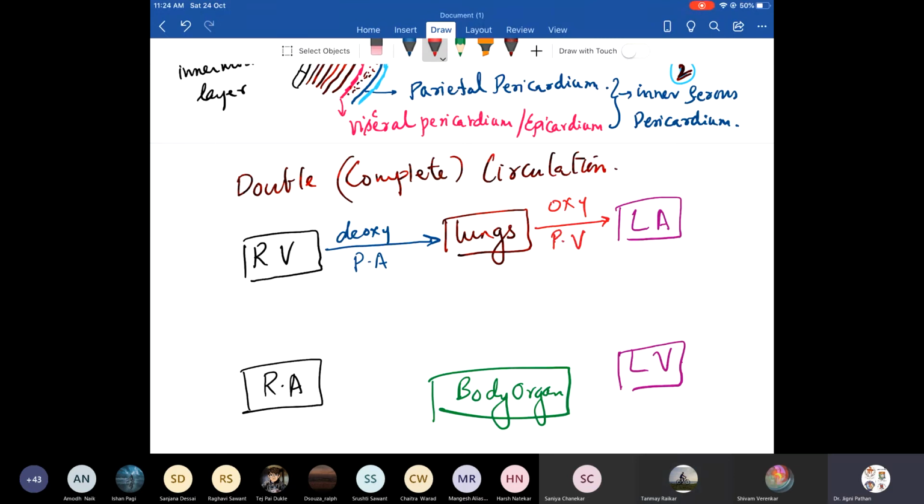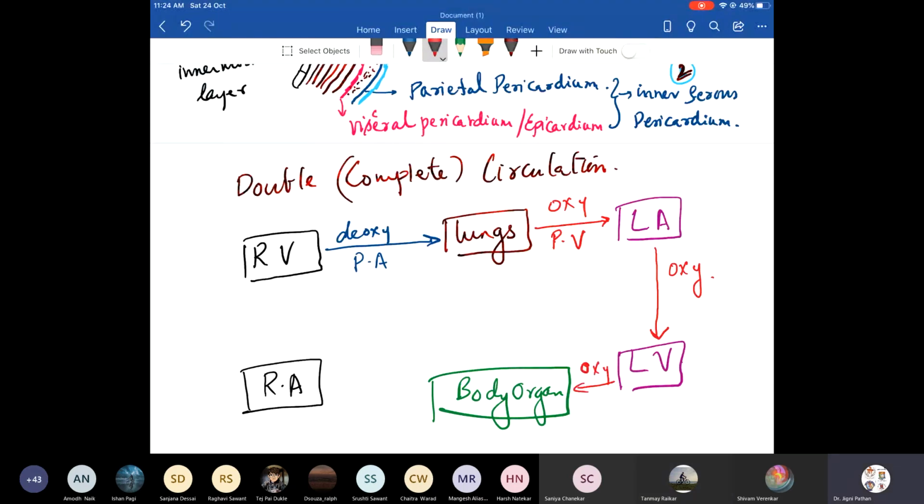Then from the left auricle it goes to the left ventricle. Which blood is moving from left auricle to left ventricle? Oxygenated. Very good. From the left ventricle to the body organs, which blood is moving? Oxygenated.